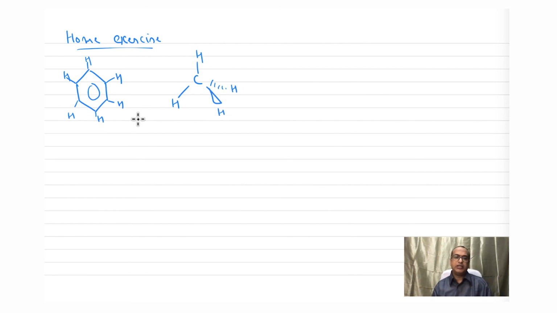How many planes of symmetry are present, and try to do it by yourself. Unless you actually do it by yourself, just by looking at the videos or other study material, you will never be able to figure it out. If you practice, then only you will be able to figure it out, because you actually have to sit in the molecule and see around yourself what a particular symmetry element or operation is doing.